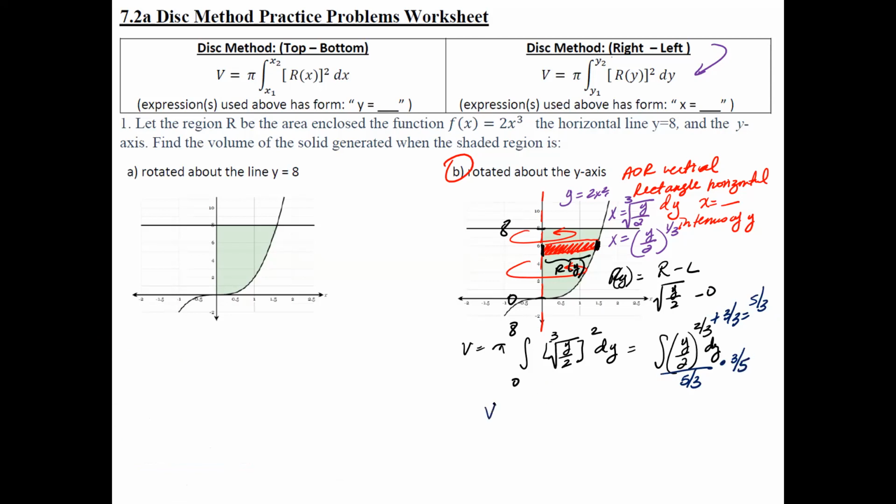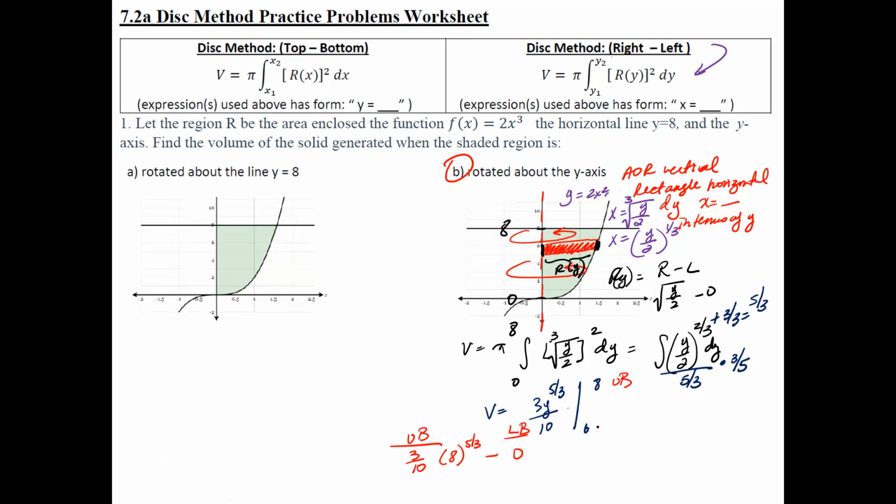So then my volume is equal to 3y over 2 times 5 is 10. Y is going to be to the 5 over 3. Evaluate that from 0 to 8. So then let's plug in the upper bound, which is going to be 3 over 10, y is 8, to the 5/3, minus, well, that's just going to be 0.